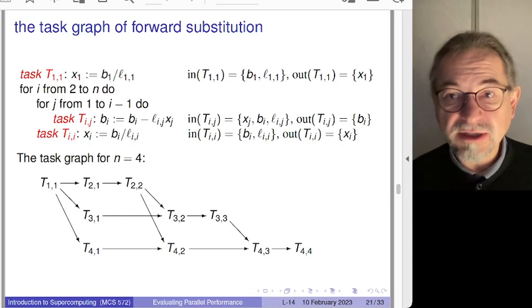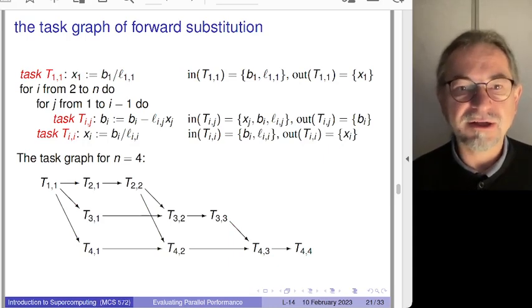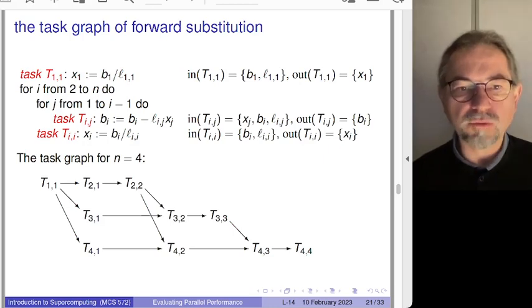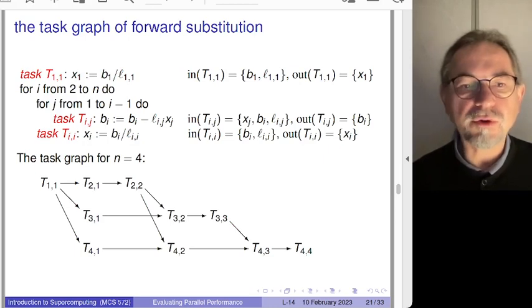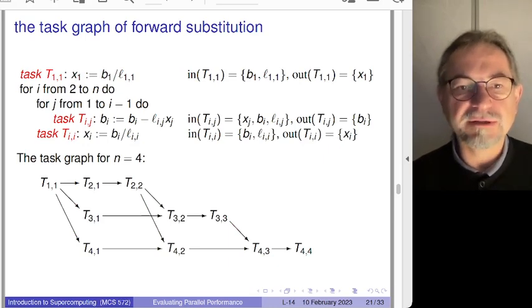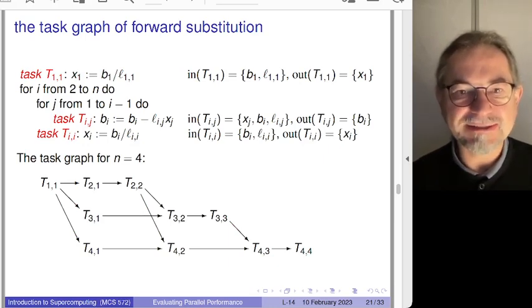So the task graph illustrates the flow of the operations. The arrows also indicate the data flow. The x1 goes in the first arrows. What comes out are the updated right-hand sides.